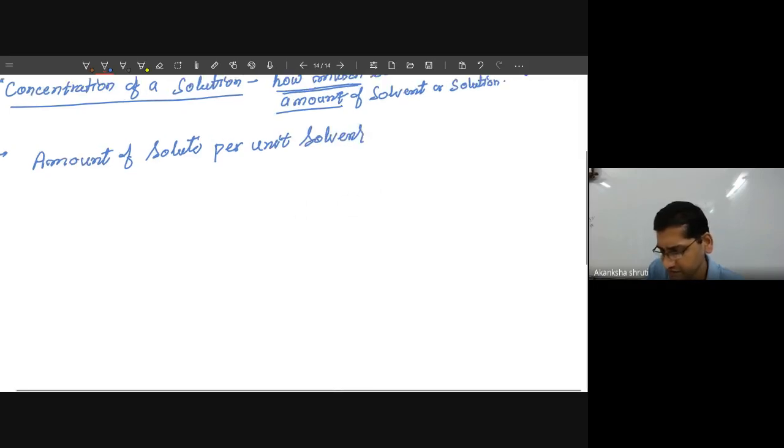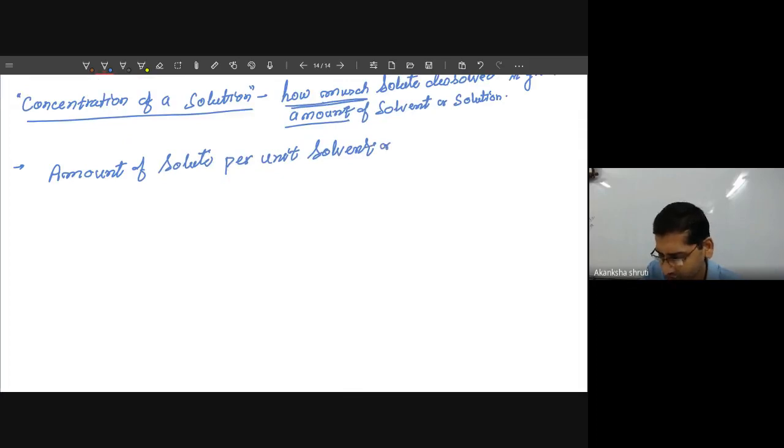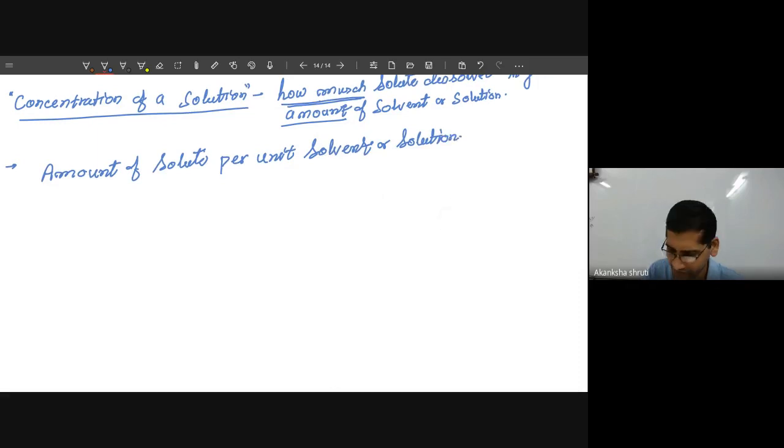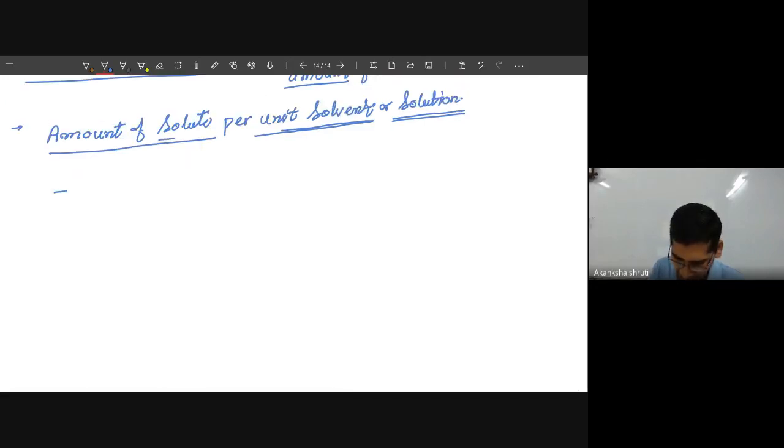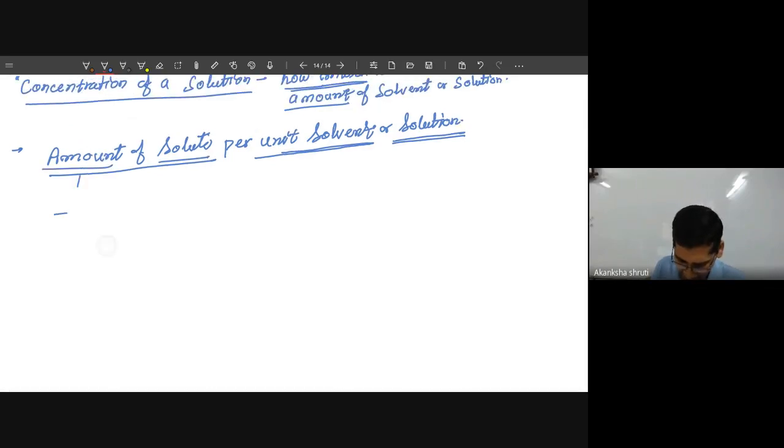Whatever the given amount of per unit means, you take just 1 kg or 1 liter of that solvent or solution, and ask how much solute is there. This amount is possible in mass or volume, and this ratio can be expressed in terms of percentage.